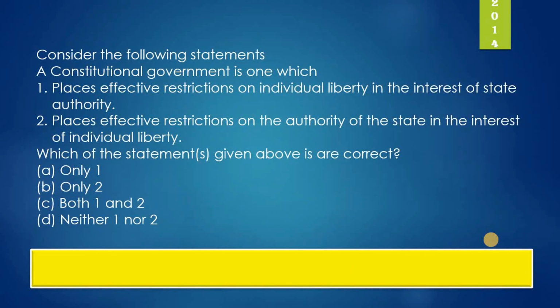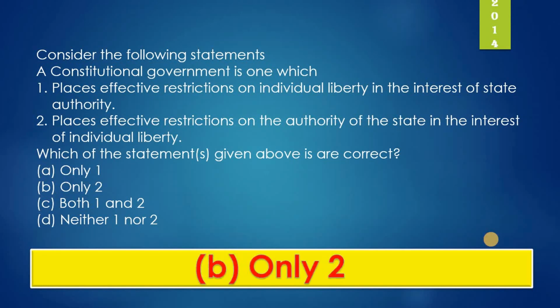Next question. Consider the following statements. First, a constitutional government is one which places effective restriction on individual liberty in the interest of the state authority. Second, it places effective restriction on the authority of the state in the interest of individual liberty. Which of the above statements is correct? Only 1, only 2, both 1 and 2, or neither 1 nor 2.